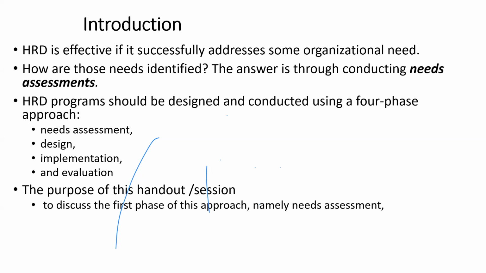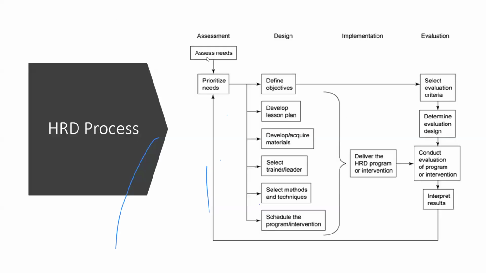HRD programs should be designed and conducted using this four-stage approach. First one, need assessment, as you noted in the previous slide. So we have basically four stages: assessment, design, implementation, and evaluation.